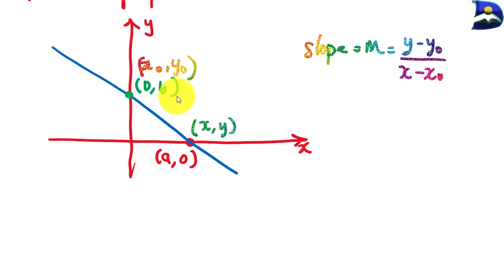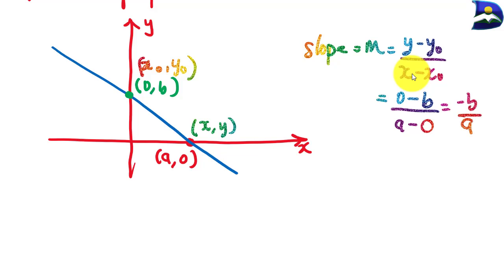So once we have this addressed, we can then represent our a,0 and our 0,b in our slope form. Therefore, we have these to be expressed as 0 minus b divided by a minus 0. This is equal to negative b over a, and this is indicating our slope for this line, which demands the use of the y and the x-intercept.